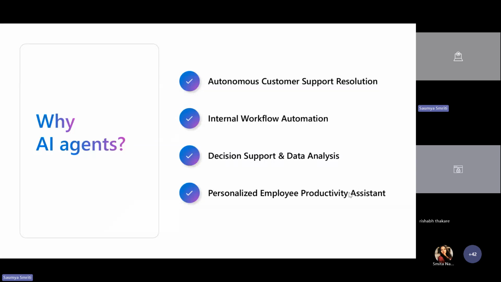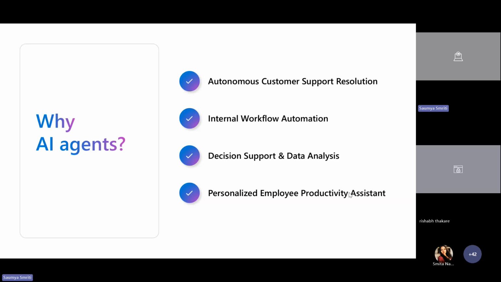So imagine an agent sitting in your Teams that can tell you how many leaves you have remaining, or send a vacation email without you even writing an email. An agent embedded in the current organization structure is a productivity assistant that can enhance your day-to-day work and save some time, again with the robotic processes involved. That is the fourth, and a very classic example of an AI agent.